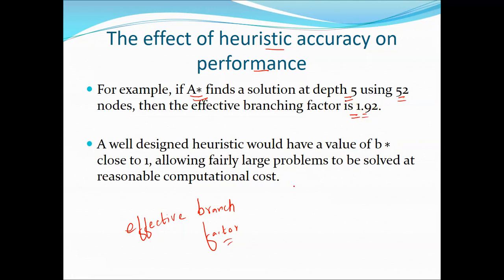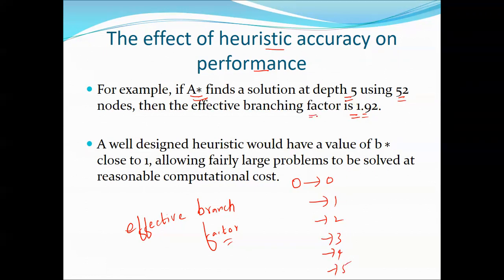Depth 5 means the root node we are considering as 0, so 1 2 3 4 5, okay, so basically it is 6.